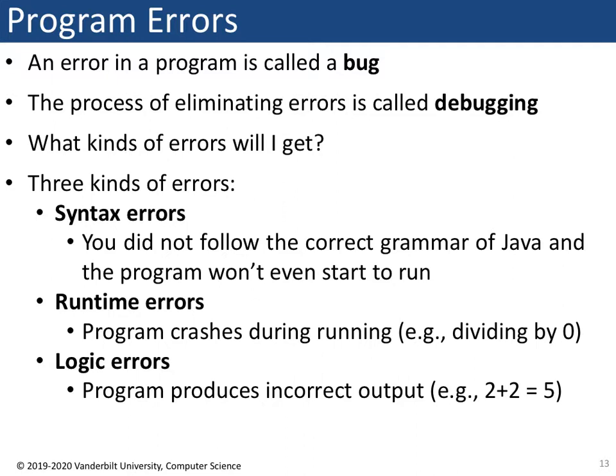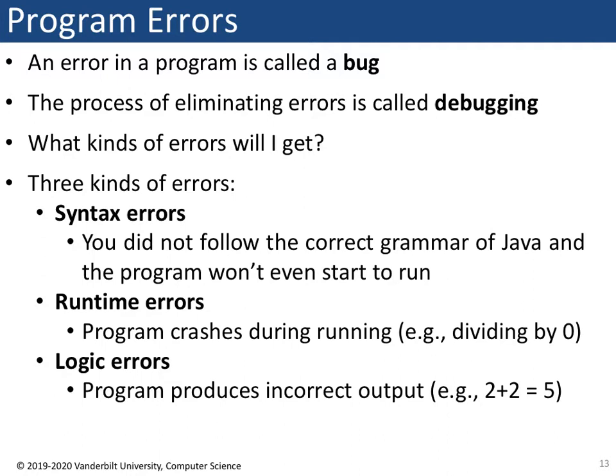You instead use system comma out comma println. Any of these would constitute a syntax error. You didn't follow the rules of Java, the correct grammar for Java. So the compiler is just going to basically puke and say no. That is the first type of error that you're going to encounter.